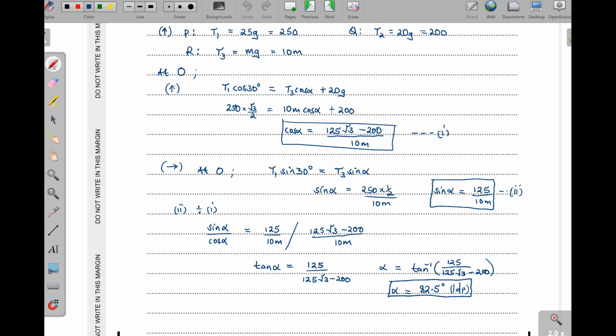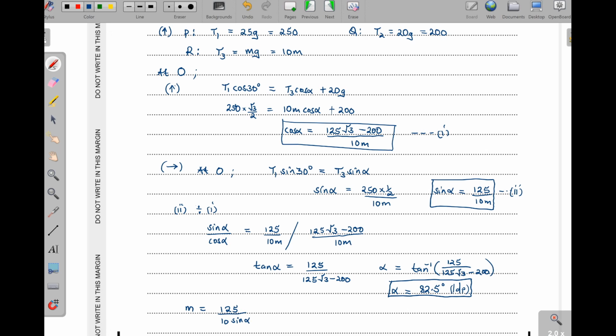Then to find m, I'll say maybe using the second equation, m shall be equal to 125, then out of 10 sine of alpha, which we have gotten.